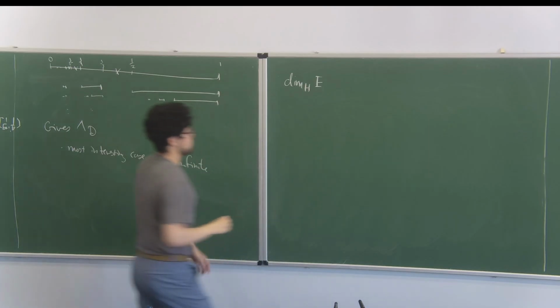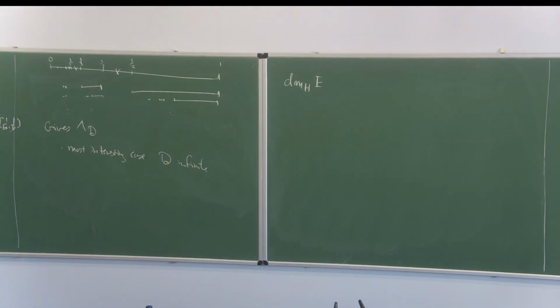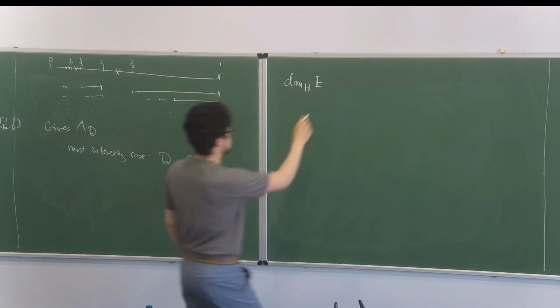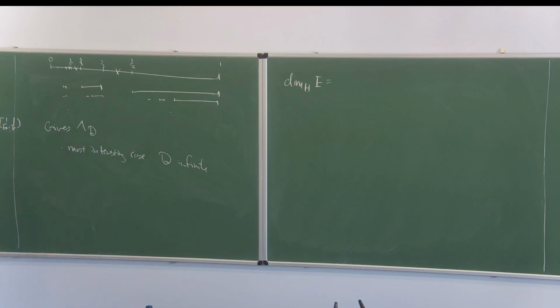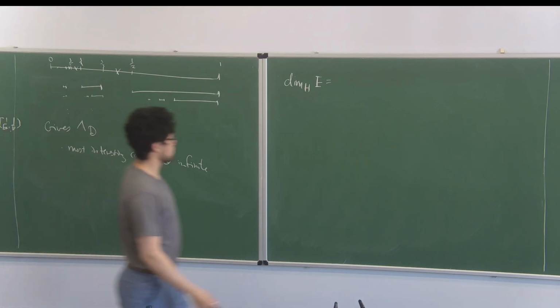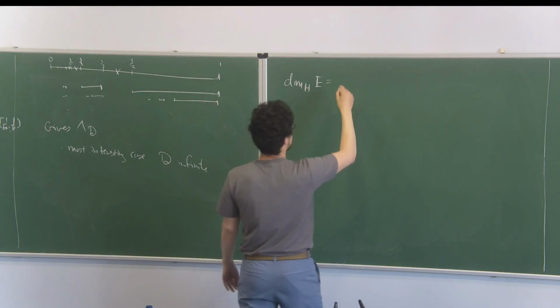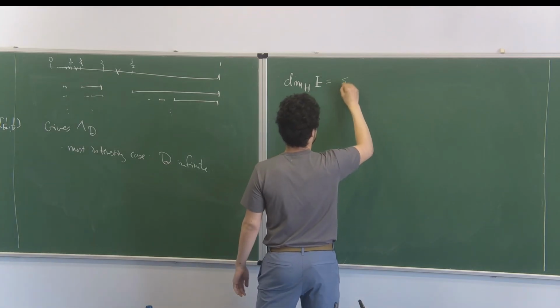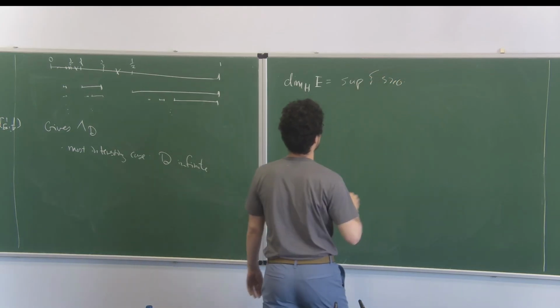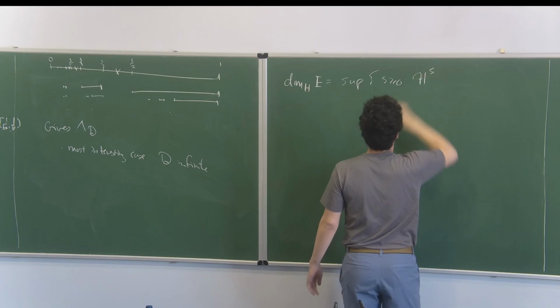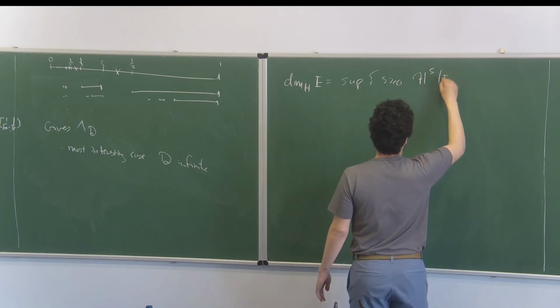The Hausdorff dimension of a set E is the most natural notion of dimension because it's defined using a family of measures. The easiest way to write it is as the supremum over s greater or equal to 0 such that the Hausdorff s-measure of E is infinite. Hopefully I don't get this backwards. And what is the Hausdorff s-measure of E?